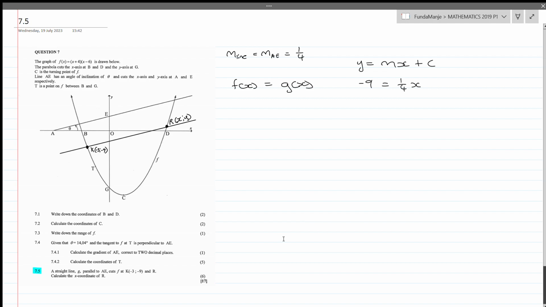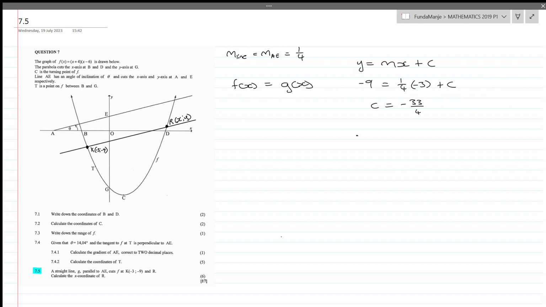We can substitute into x with -3 as well, and solve for c. So c in this case will be equal to -33/4. If you were to take this to the other side, you would get -33/4.